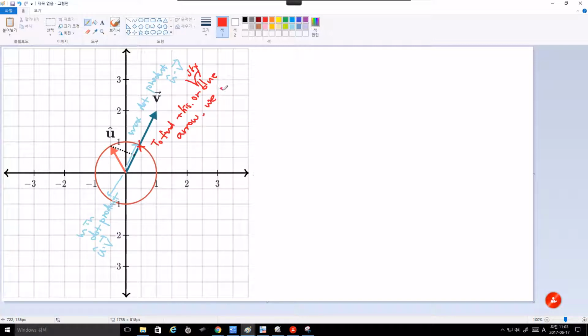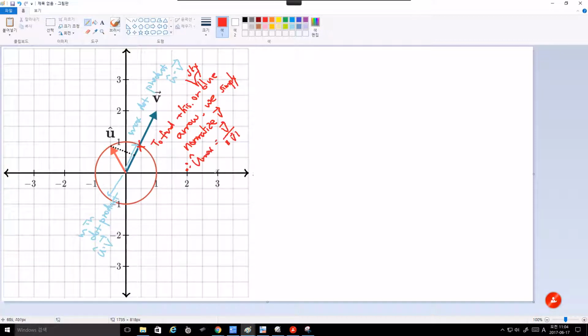We simply normalize v. Normalize means that we normalize v. Therefore, max is simply v divided by the magnitude of v.